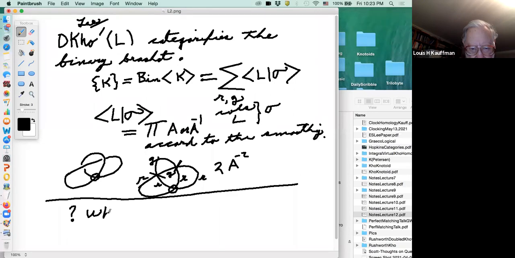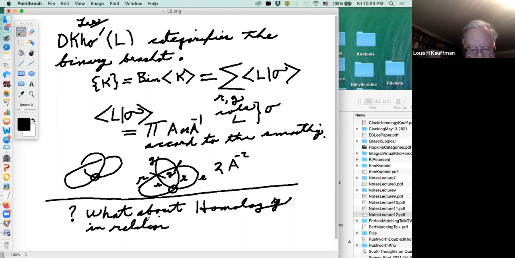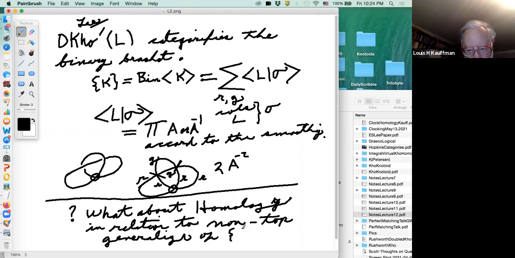which I'm only going to speculate about here. What about homology in relation to non-topological generalizations of binary bracket?